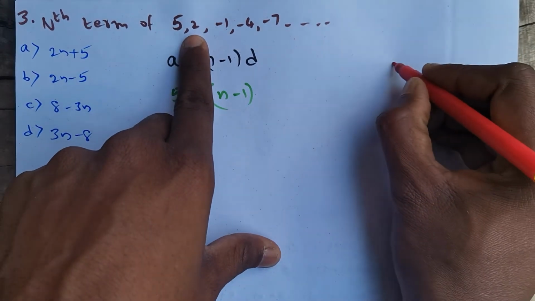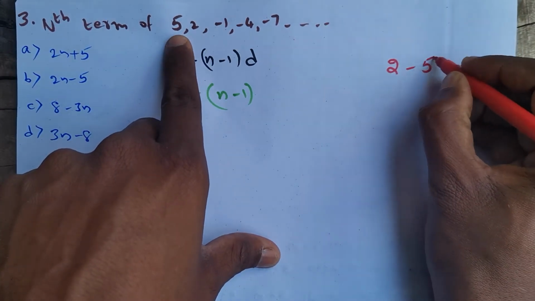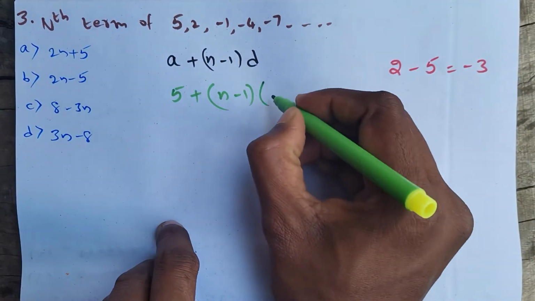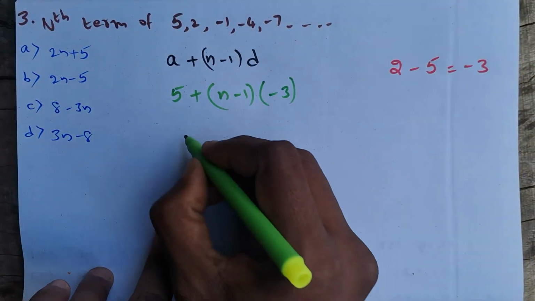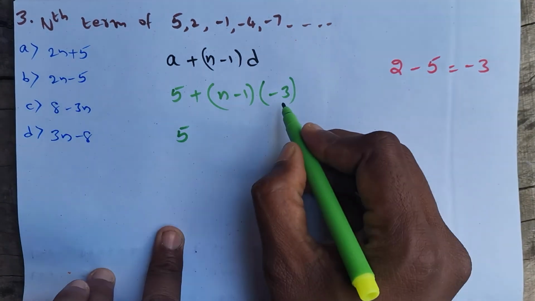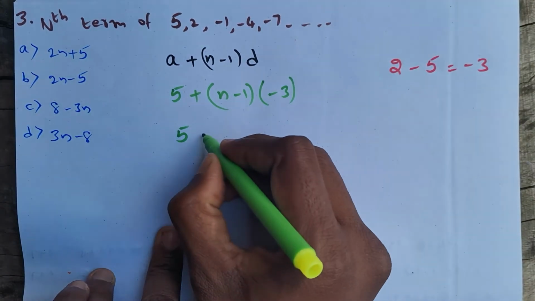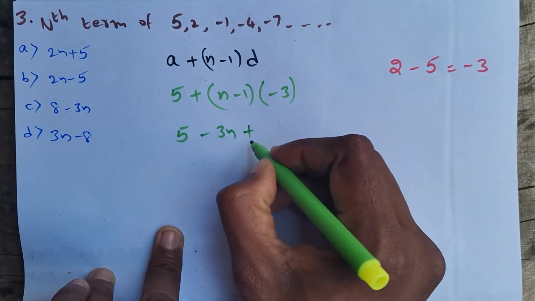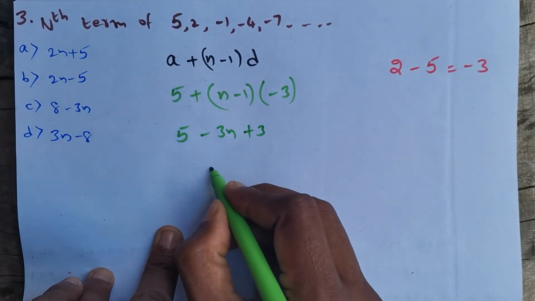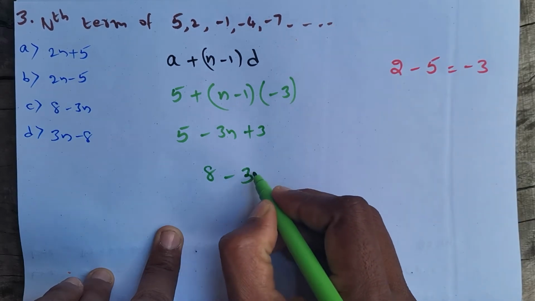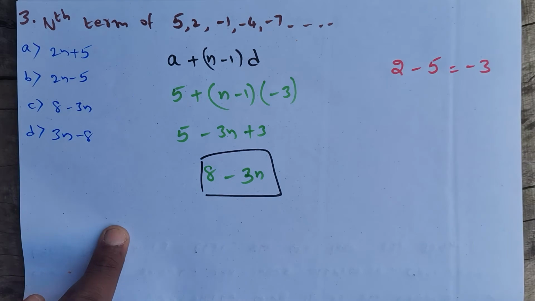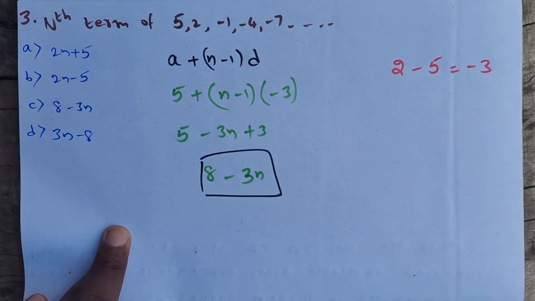Here second term 2 minus first term 5, 2 - 5 = -3. So in the place of d, substituting -3. 5 - 3(n - 1) = 5 - 3n + 3 = 8 - 3n. So nth term of the given AP is 8 - 3n. So option C is the correct option.